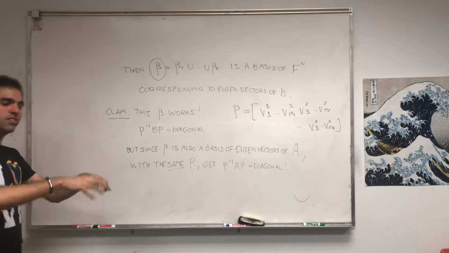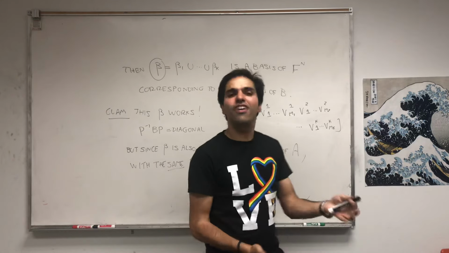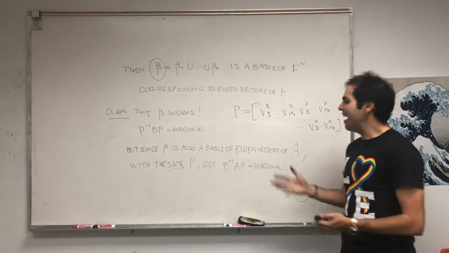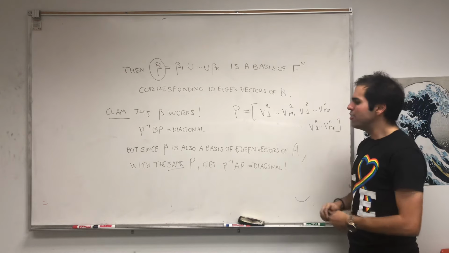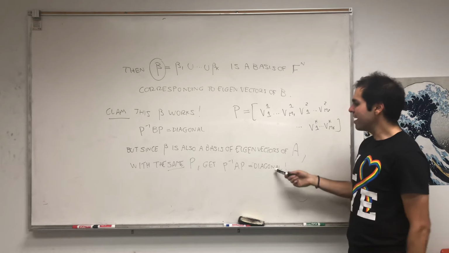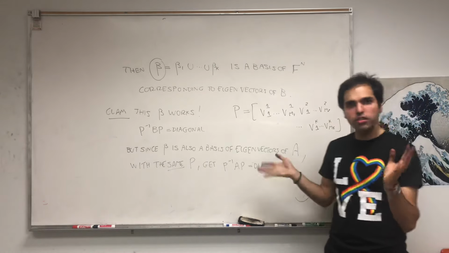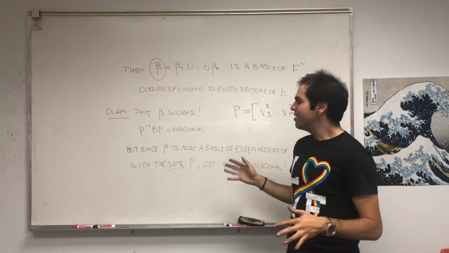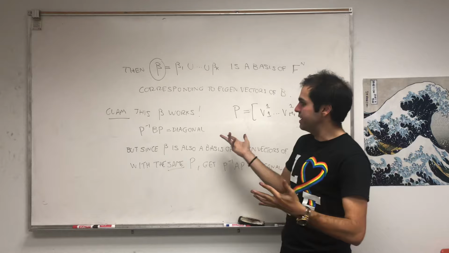You see, because we started with the eigenvectors of A, and we just modified the same set to get eigenvectors of B. So in some sense, with the same P, we can get also the diagonal matrix, which also gives you kind of, not quite, but some idea of how to find P.